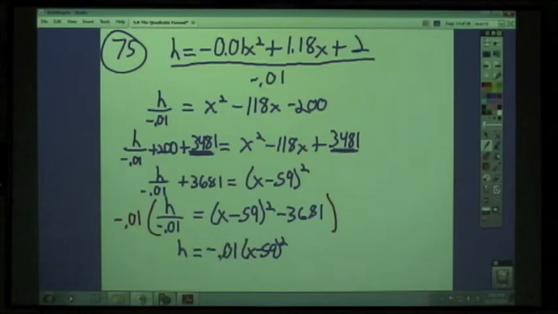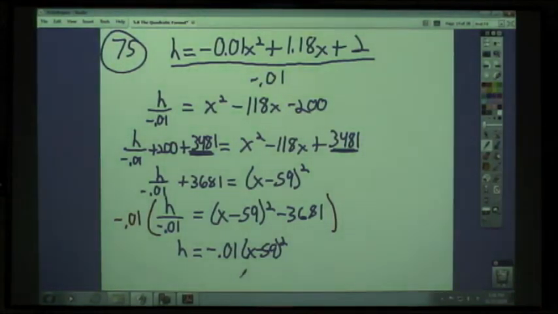That's telling you that your parabola is opening down. And the 0.01 is what's making that parabola be a little bit wider than it normally is. Or compressed, I should say. Sorry, I used the wrong word. Then you multiply that 0.01 times that 3,681.